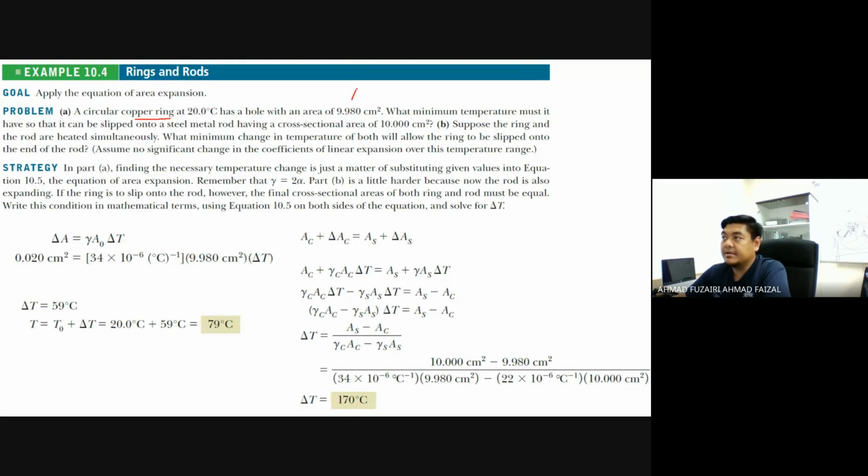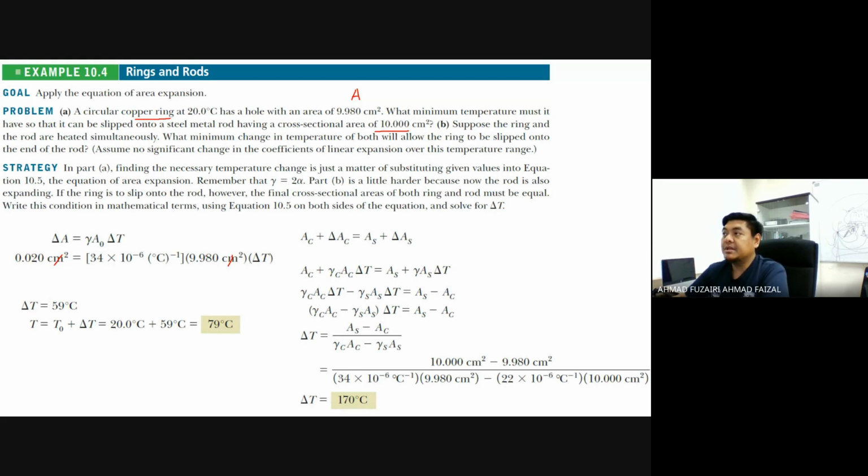You need to change it to meter squared, or maybe you can just leave it that way, like the one they did here, because we can cancel out centimeter squared and centimeter squared, so you can also get the value. What minimum temperature must it have so that it can be slid onto a steel rod having a cross-sectional area of 10 centimeter squared?